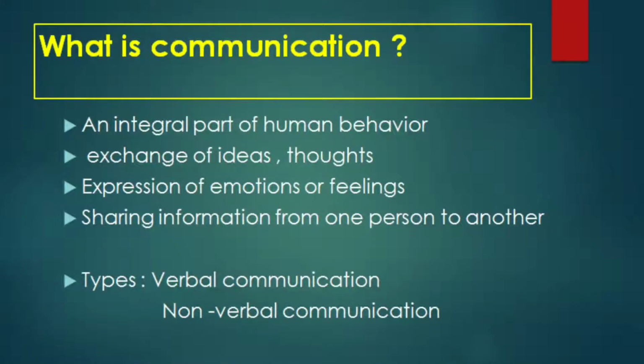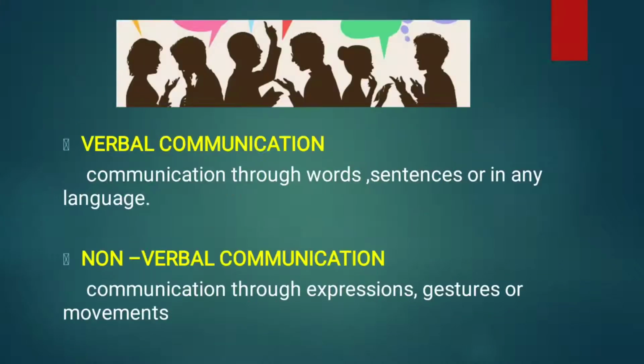We can communicate with each other verbally or non verbally. So, there are two types of communication, and they are verbal communication and non verbal communication. Verbal communication means communication through words, sentences, or in any written form of language, whereas non verbal communication means the communication through various facial expressions, gestures, or body movements.